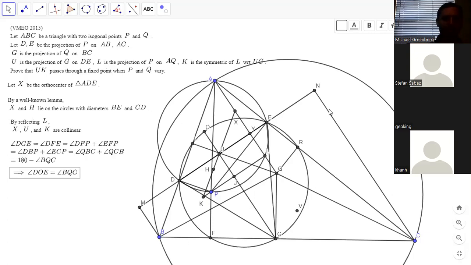So that would show that U lies on XK. No, sorry, that would show that U lies on XH. So then X, UH, and K are all collinear. Yeah. Okay, so I'm going to copy what Khan just put.